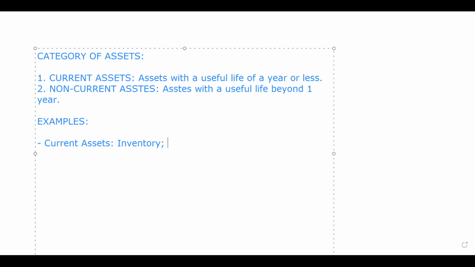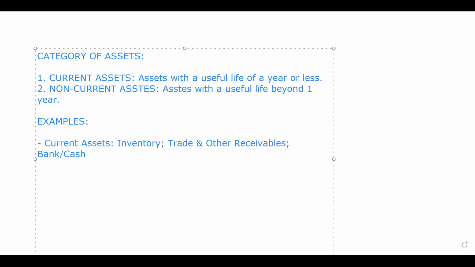All right. So with current assets, we've got inventory, trade and other receivables. What else? Bank, or what they normally call cash and cash equivalents.